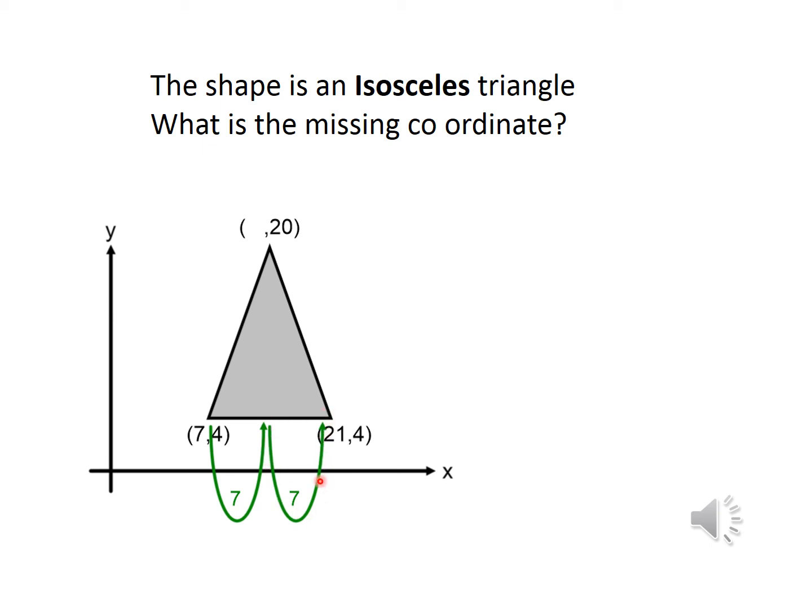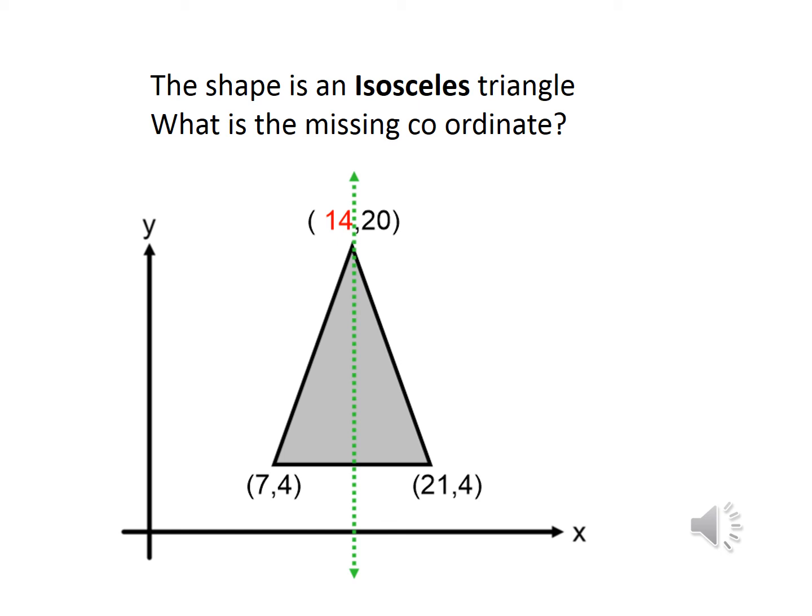So we know that the x-axis coordinate of that middle point must be 14. Because it's an isosceles triangle, the midpoint on the baseline is directly underneath the top vertex. And if we know the x-axis coordinate of the middle of that baseline, that means that the x-axis coordinate of that top vertex must be 14.